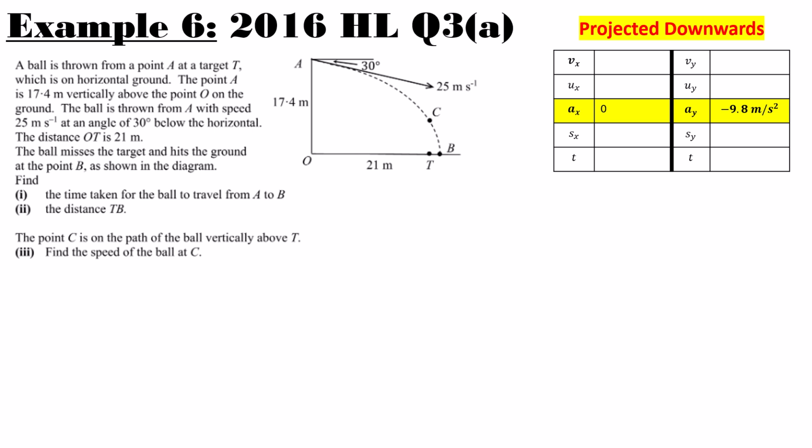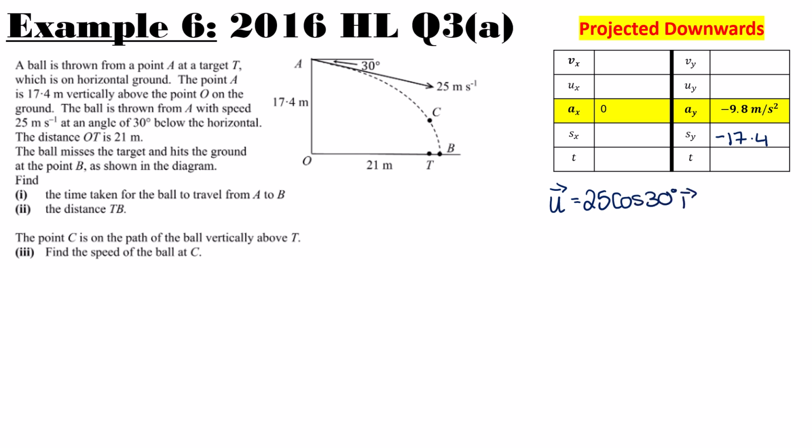So we're talking about going from A to B. The few things that we know at B is that Sy is going to be minus 17.4, which means it's going to be 17.4 meters vertically below where we started. Then I want to resolve my initial velocity. So my initial velocity is going to be 25 cos 30 degrees i.